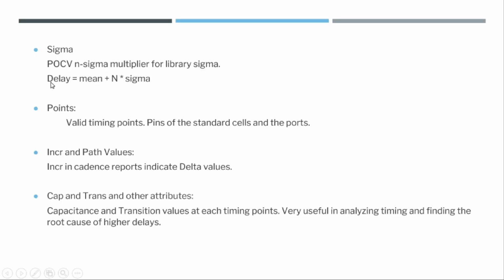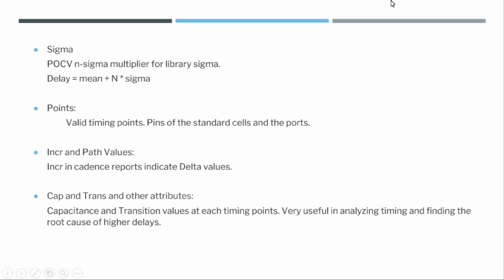All right, so you can see that the delay is basically mean plus n times sigma is what I'm saying. So when I say n times sigma, both the mean and the sigma values actually come from the library of any cell. All right, but what is this n? Where is this n, which is a multiplier, coming from? That is what the report is telling as 3.